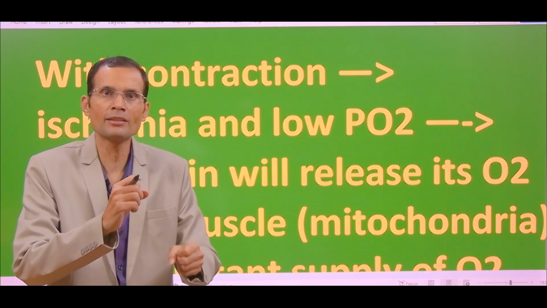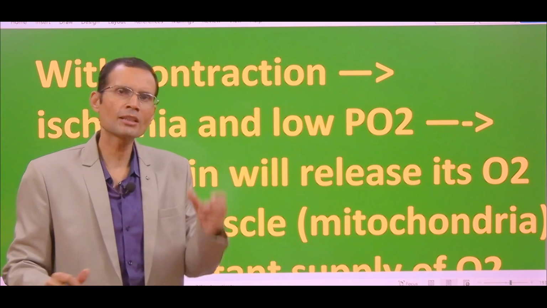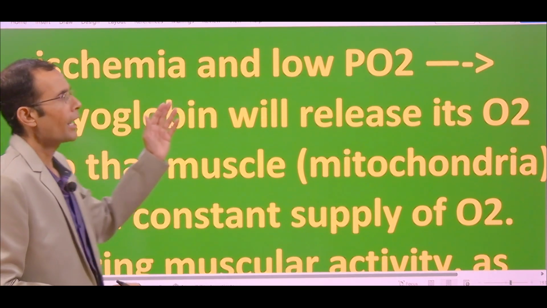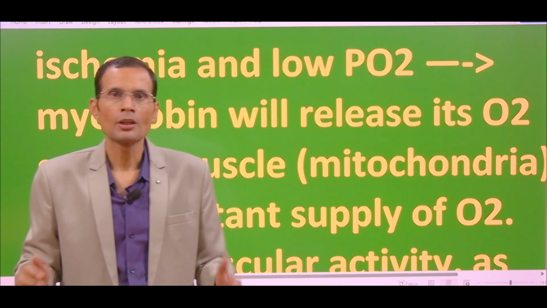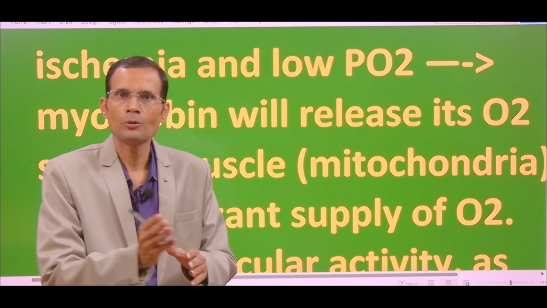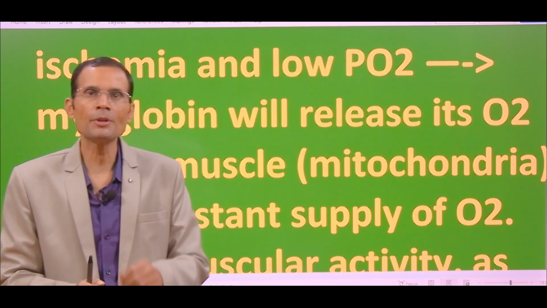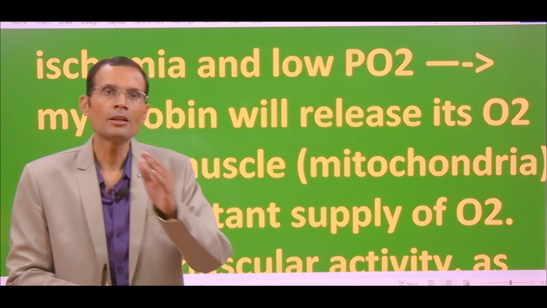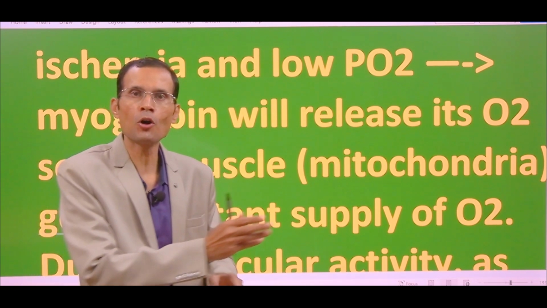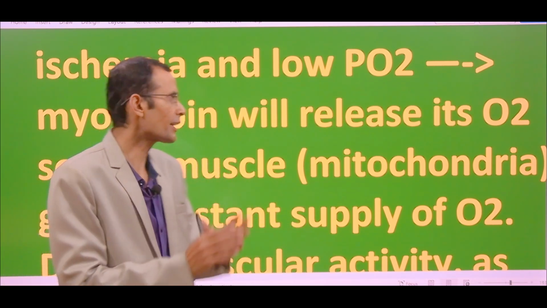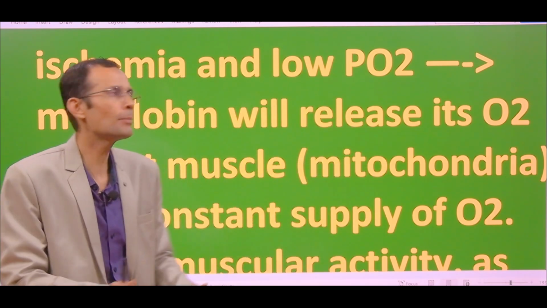When the muscle contracts, the blood vessel inside that muscle will be compressed, and in this ischemic condition, with low PO2, because blood flow is intermittent, there is a period of ischemia. On the other hand, the muscle has already consumed oxygen, it is performing a continuous activity, and therefore this is a condition of low PO2 in the muscle.